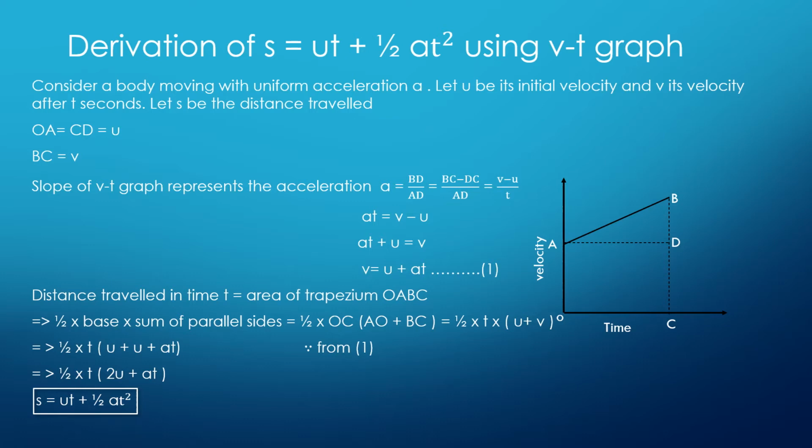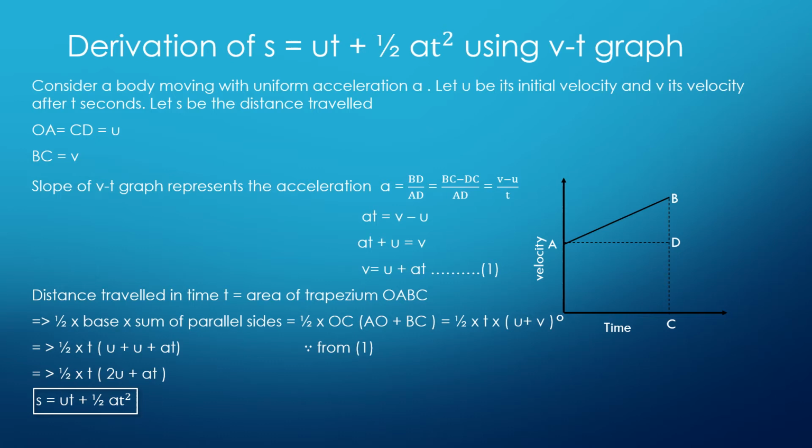Now, the slope of velocity time graph represents the acceleration A, which is equal to, what is the slope? BD by AD, which is equal to BC by DC. We can write this BD as BC minus DC by AD, which is equal to, we can write BC as the velocity after t seconds, that is V minus DC as initial velocity U by AD is the time t.